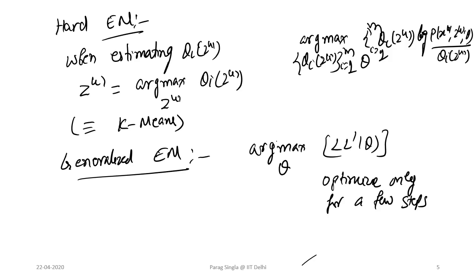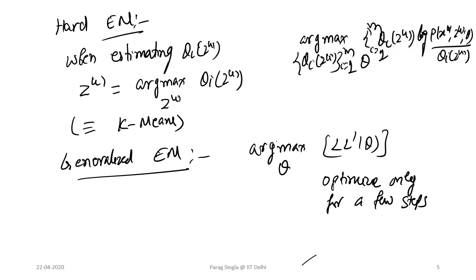And that is still okay because you are still improving the lower bound. So instead of optimizing your lower bound completely in the M step, you optimize it for a few steps, which can be useful in cases where your L'(theta) is not easily computed in closed form.